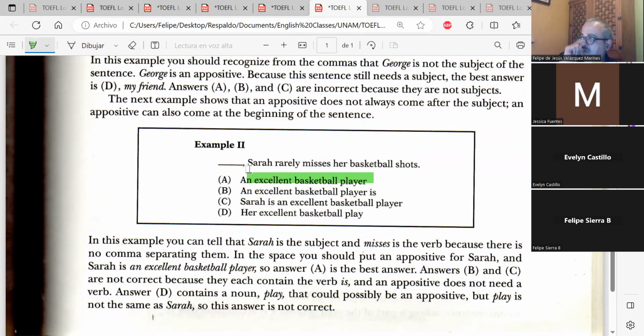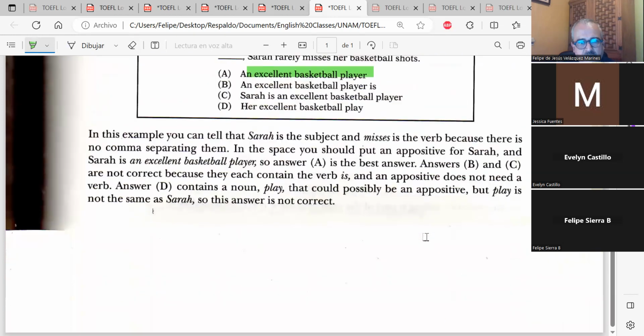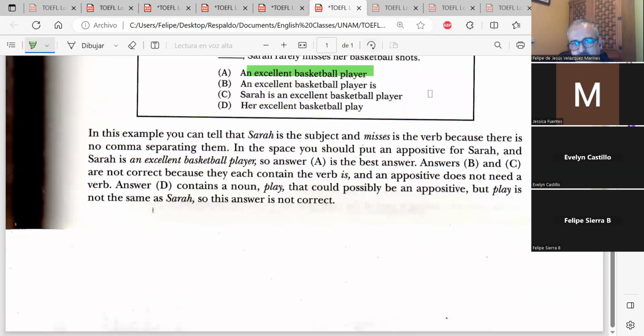Educated guess, good one. However, if we were not studying appositives and you have a comma here, this means we are inverting the order, so we need a complement. An appositive is extra information. So we need a complement, or an appositive, or a prepositional phrase, or a subordinate clause. This comma tells me something comes before. This is my subject, this is my verb, this is my complement, right? Okay, let's continue with the next one.